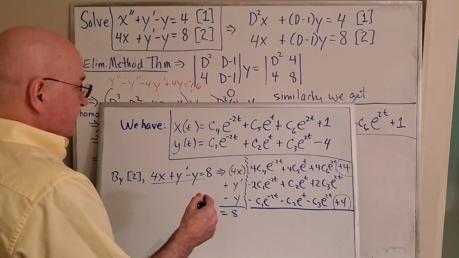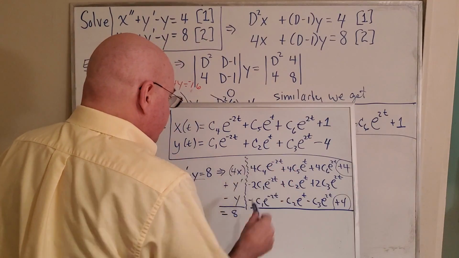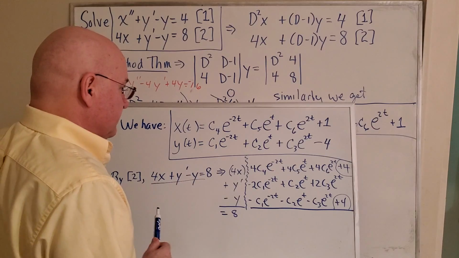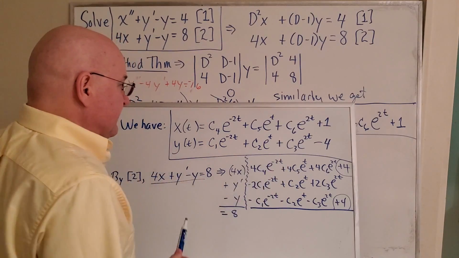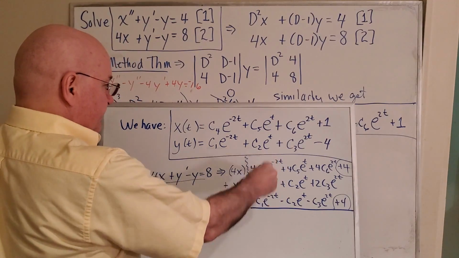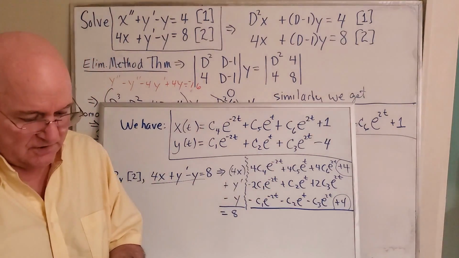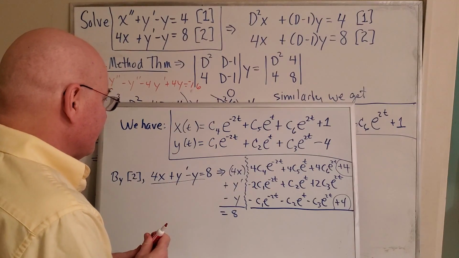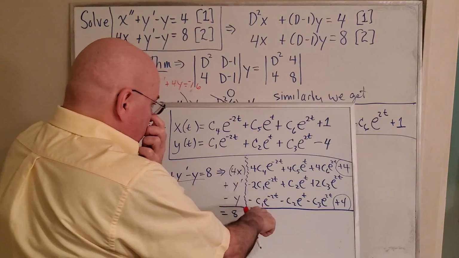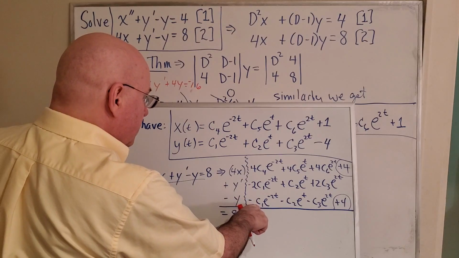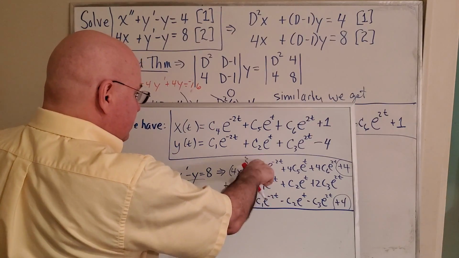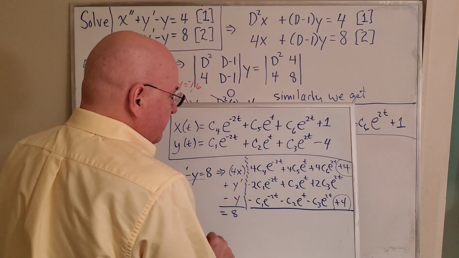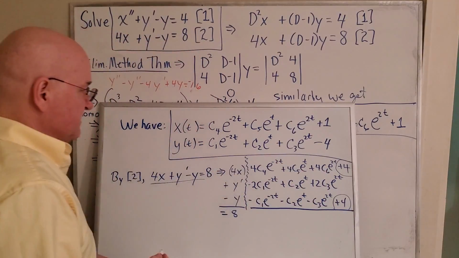So let's see what we've got. Let's look at all of the e to the negative 2t's, just this column right here. This tells us that these three coefficients add up to 0. These coefficients add up to 0. These coefficients add up to 0.